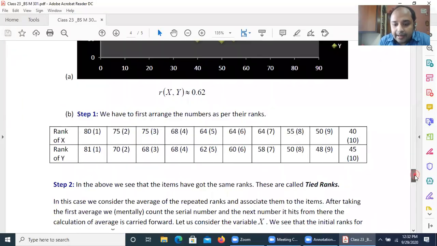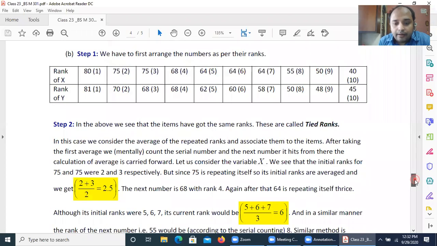In tied ranks, I have written many things over here, but since the time is running out, let me tell you, and you just listen to me, and later you compare what I have written over here. In tied ranks, we consider the first variable, say capital X, and with respect to that variable we identify the numbers which have appeared more than once.